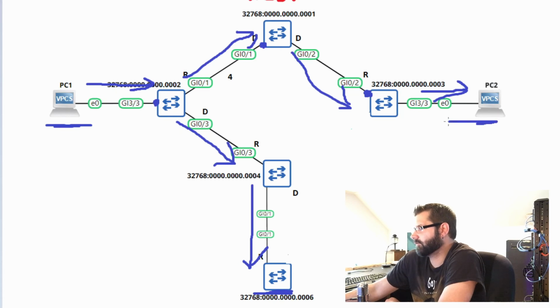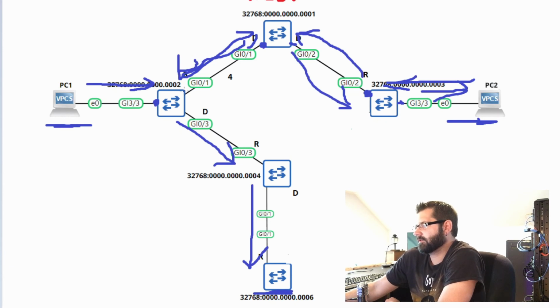And then when PC2 responds, we're going to learn the MAC address for PC2 on gig 3/3 on this switch, on gig 0/2 on this switch, and on gig 0/1 on this switch.